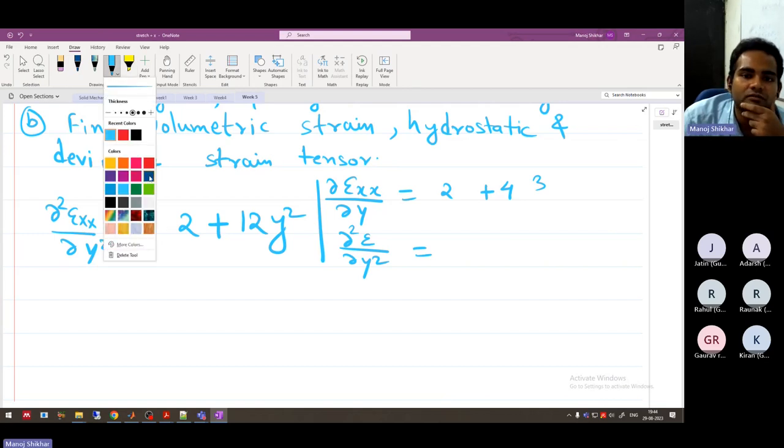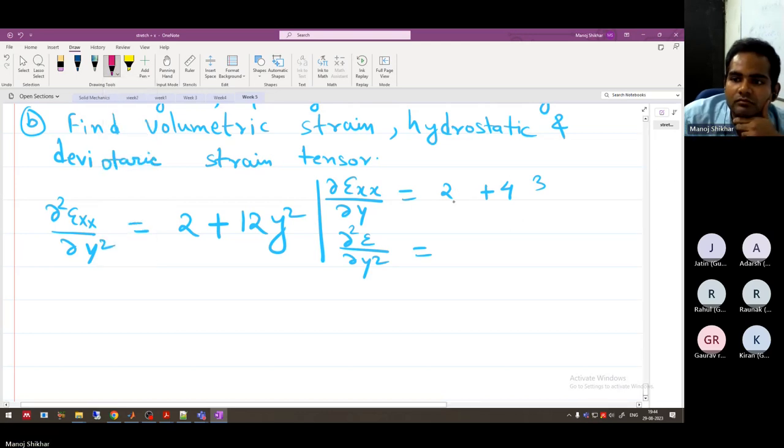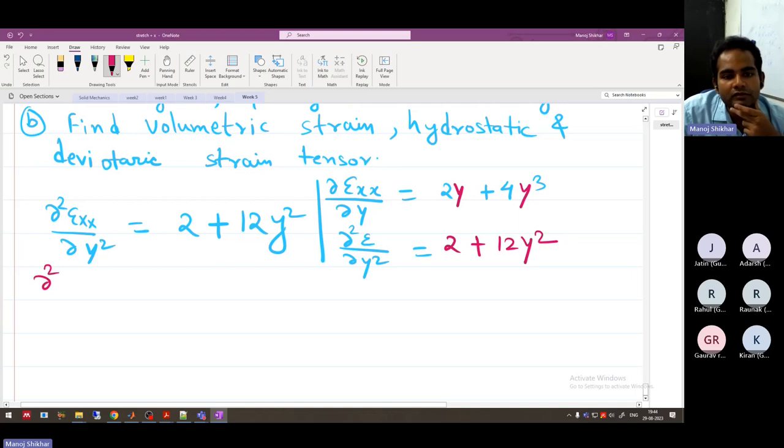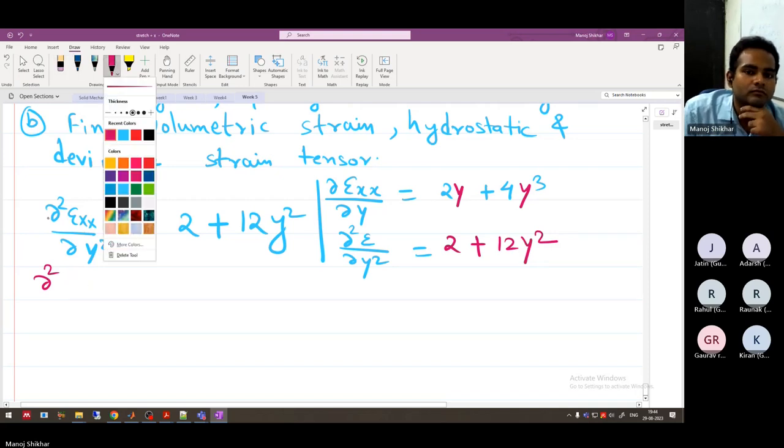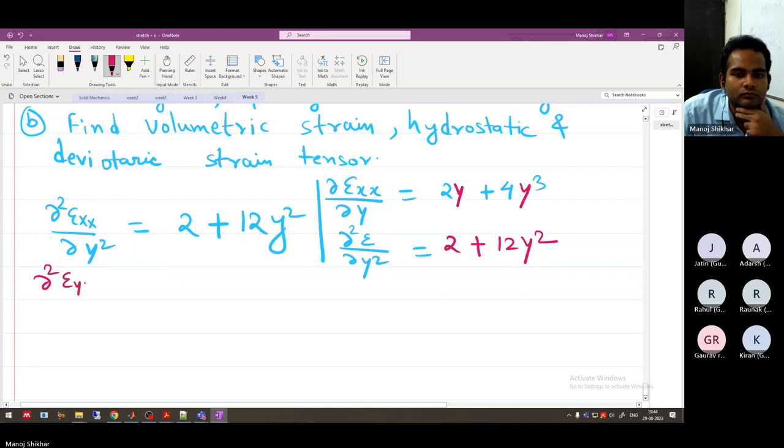Maybe I should change the color of the ink also. So this will be 2 plus 12y square. Now, what will be del 2 epsilon yy by del x square?